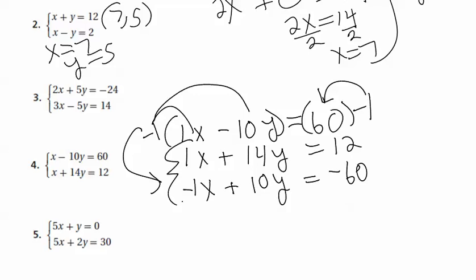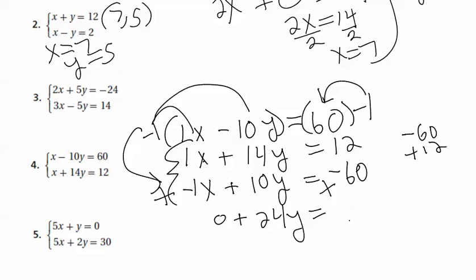Now I'm adding these two equations together. Now they're set up because one's 1x and one's minus 1x. That's good because when I add these equations together, I get 1x plus negative 1x, which is 0, plus 14y plus 10y is 24y, equals negative 60 plus 12.